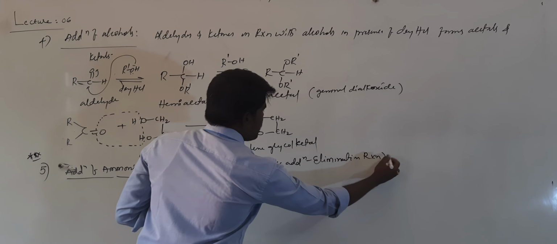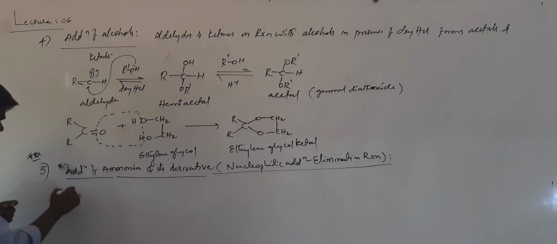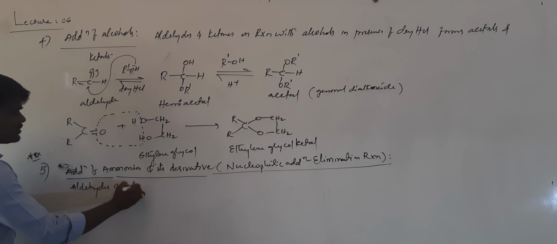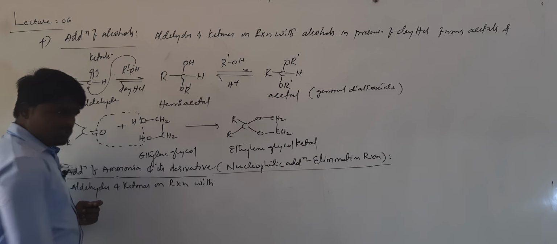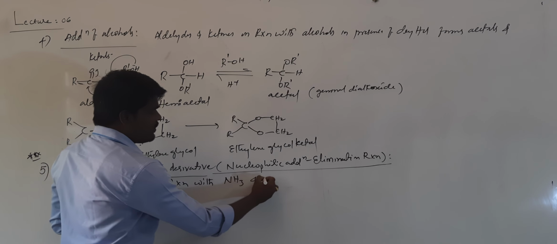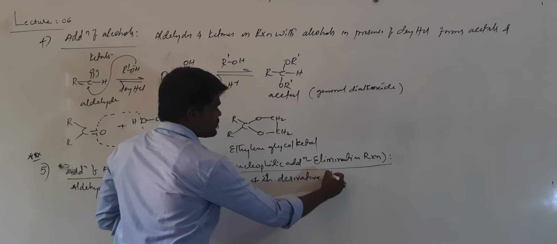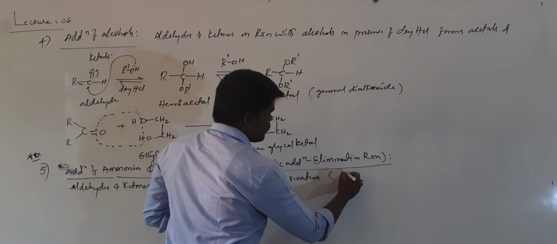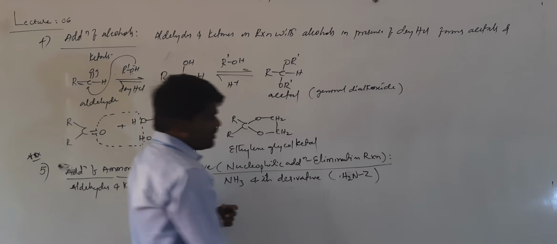I'll tell you why it is called addition and elimination reaction. Basically what happens here, aldehydes and ketones react with ammonia and its derivatives. A derivative means if you replace one of the hydrogens of ammonia with any other group, which is represented with Z, this is called a derivative of ammonia.